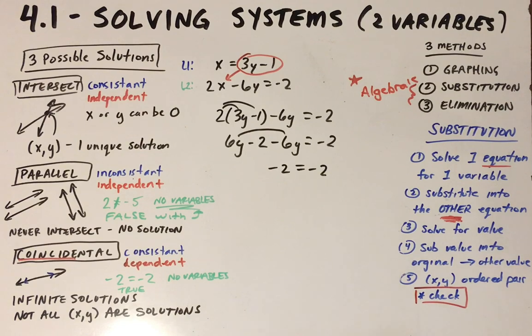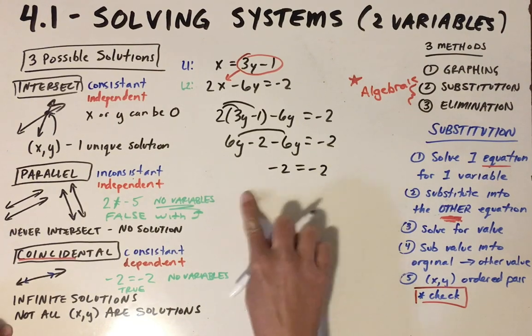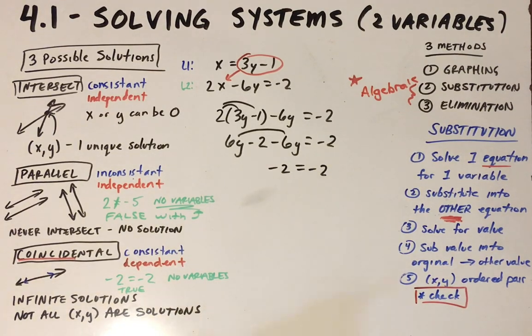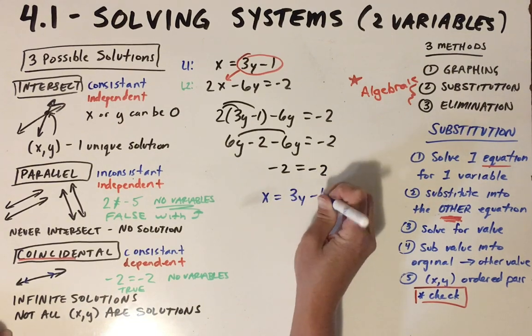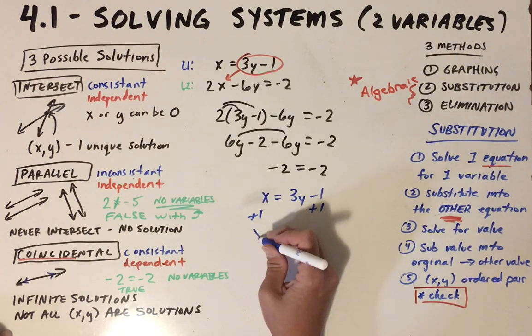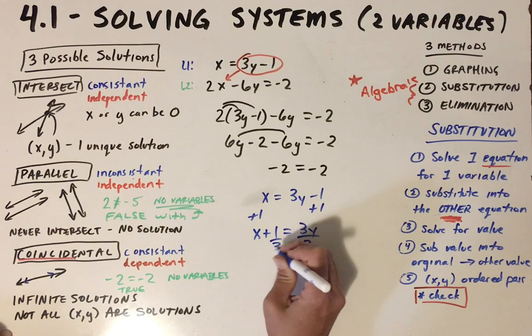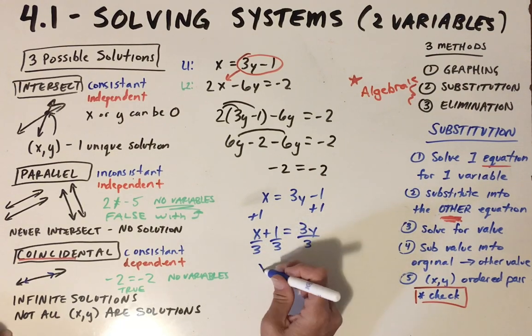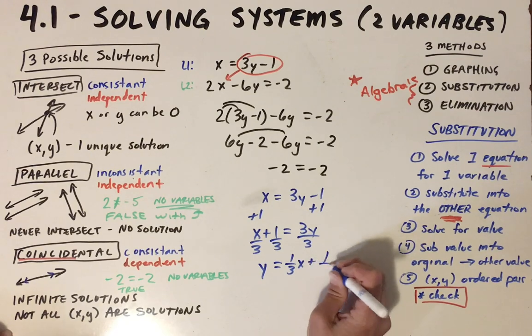If I put them in slope-intercept form, which I think I'm going to do real quick just to show you. Let's do line 1 in blue. If I put line 1 in slope-intercept form, if I add the 1 to both sides, I get x plus 1 equals 3y. Divide everything by 3, and y is going to be equal to 1/3 x plus 1/3.